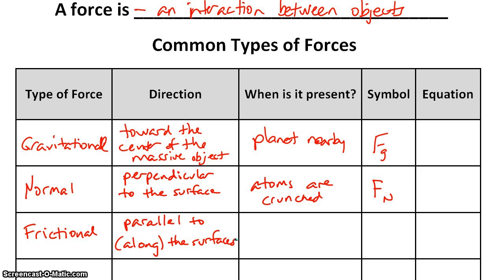And we're also going to get atoms that are scraping against each other. You could also talk about the atoms being sheared or rubbed against one another. And sometimes, in the process of that, others will actually be crunched as well. I know that those are pretty technical terms. And for the symbol for a frictional force, we've got to use a lowercase f because the uppercase F is being used for forces.